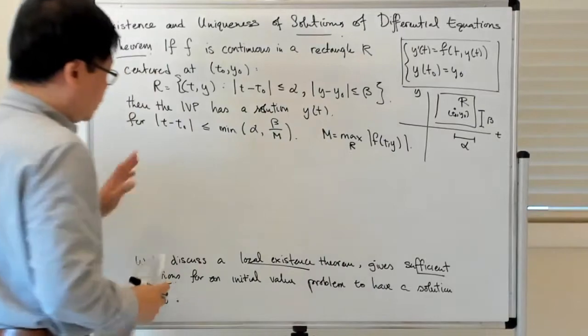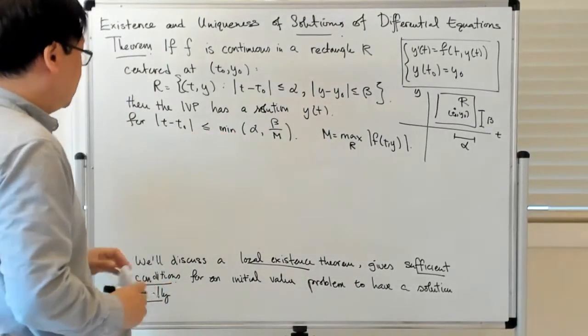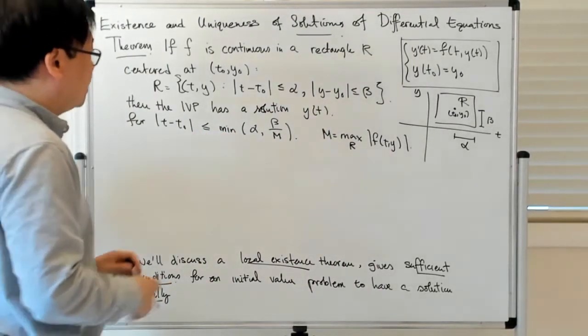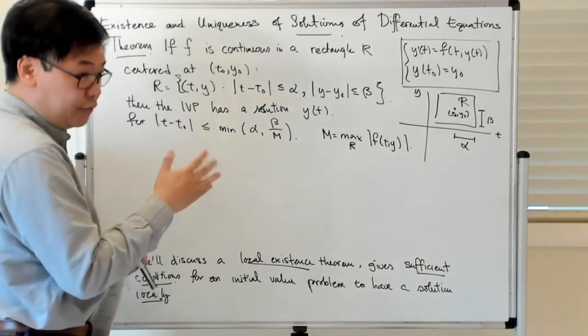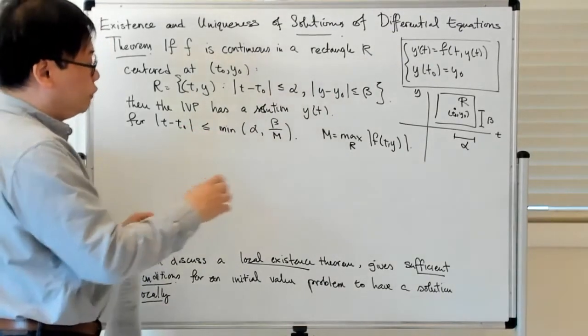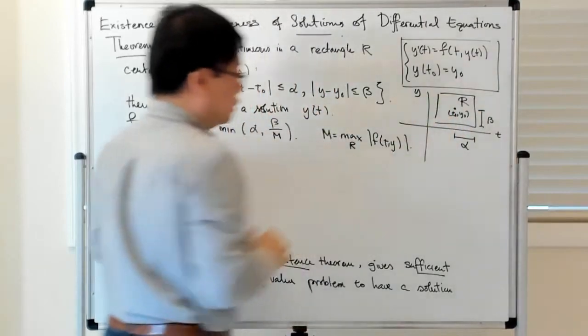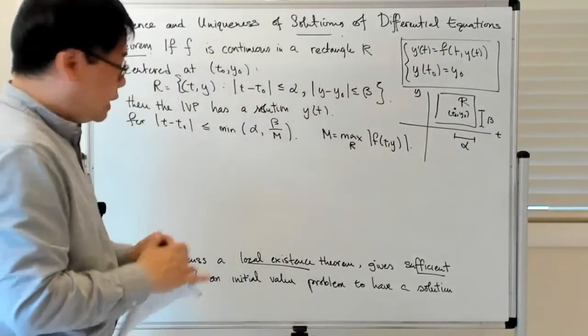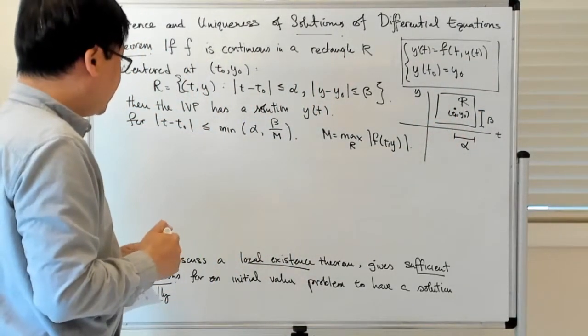Okay, so let's try to think about that. You have this function f, which is continuous over this rectangle in space and time. That's the way to think about it.